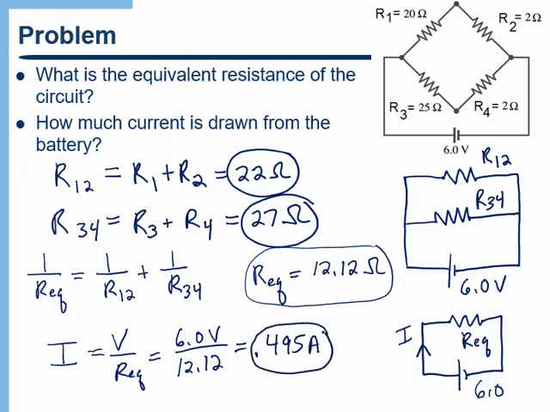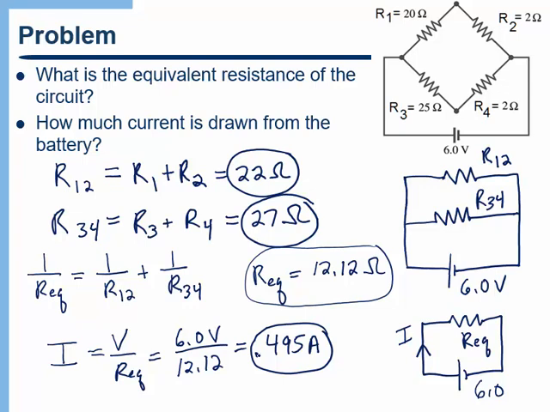Again, keeping that extra sig fig for now so that I can really make sure that things sum up the way they should. Okay, so I've answered the first two questions. What's the equivalent resistance of the circuit and how much current is drawn from the battery?